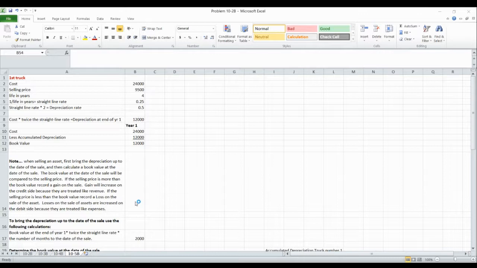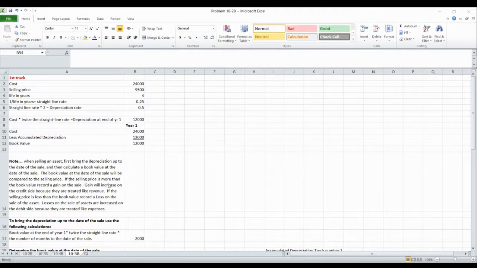Notice this note that I've got for you in the Excel spreadsheet. It says when selling an asset, first you've got to bring the depreciation up to the date of the sale. And then we're going to calculate a book value at the date of the sale. That book value at the date of the sale will be compared to the selling price.